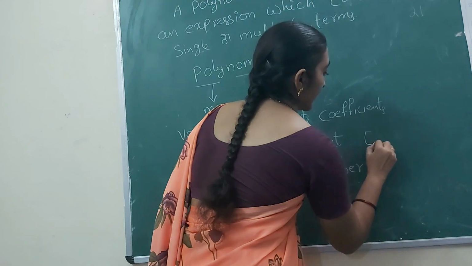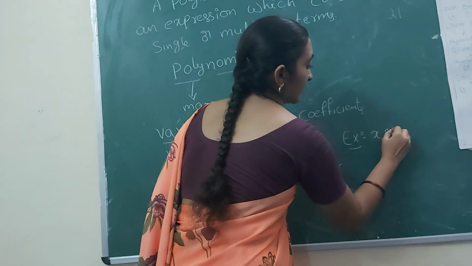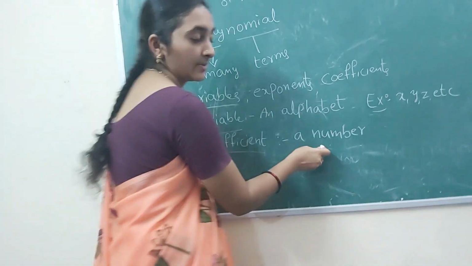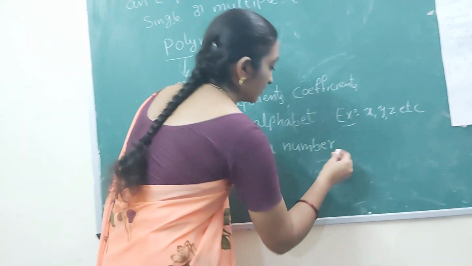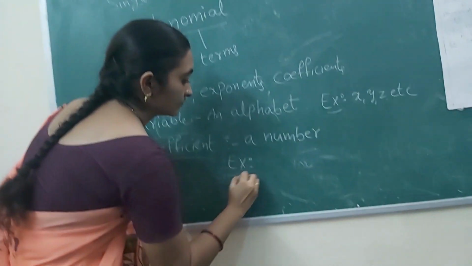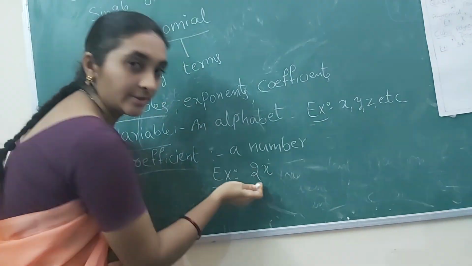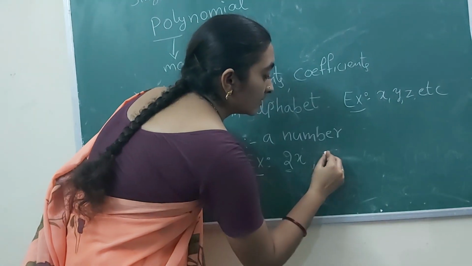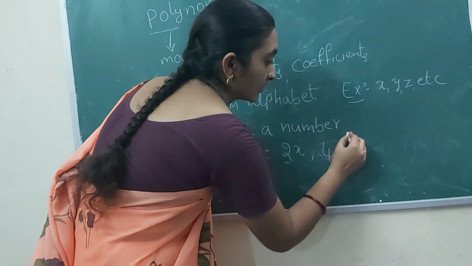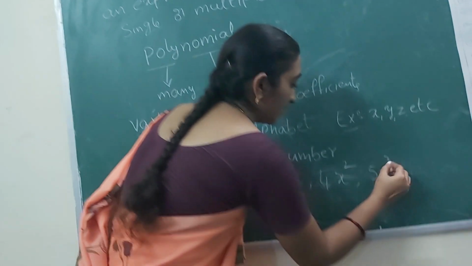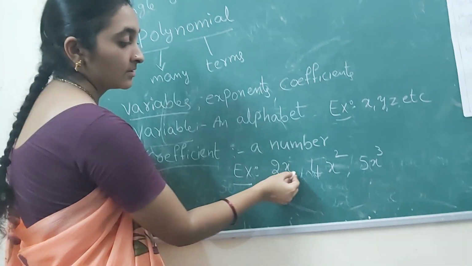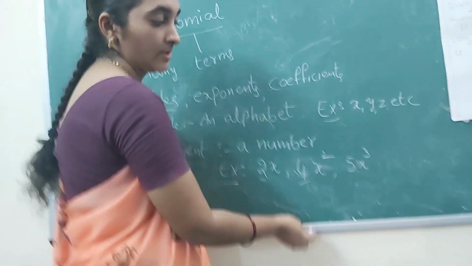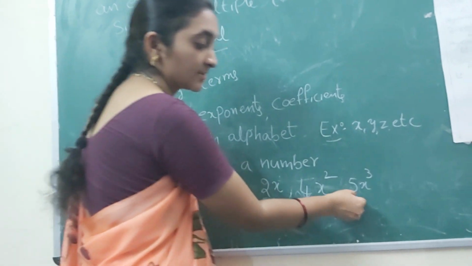Variable examples are x, y, z, etc. For example, in 2x the coefficient is 2; in 4x square the coefficient is 4; in 5x cube the coefficient is 5.